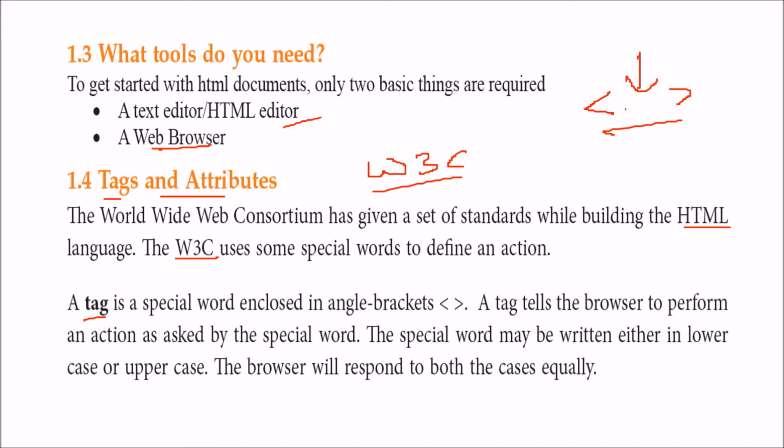Whatever is placed inside this angle bracket is known as a tag. That is why it is a tag-based language. And the content which you write here is a special word, a special command or direction to the web browser, about what needs to be shown depending upon what is given inside that angle bracket. It can be in uppercase, it can be in lowercase.